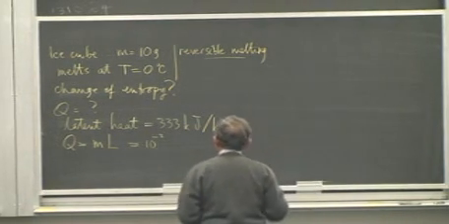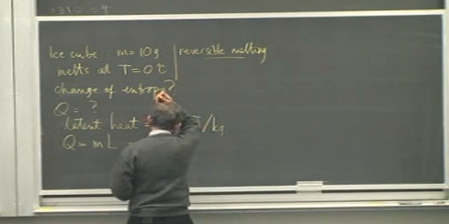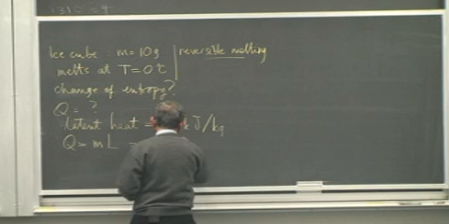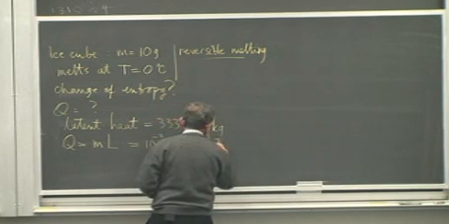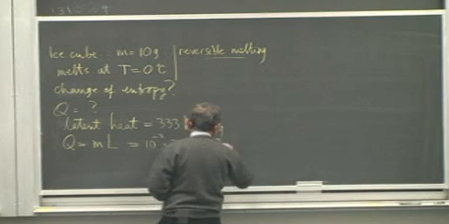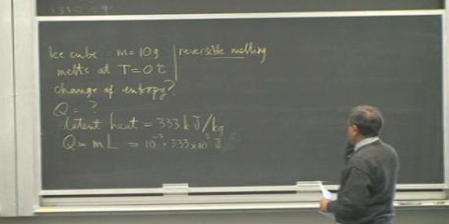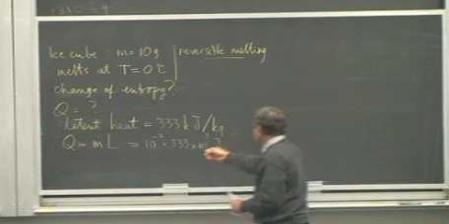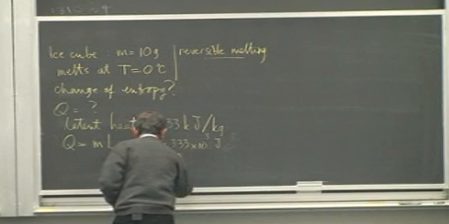Okay, 10 to the power minus 2 kilograms, and then I have multiplied by 333 times 10 to the power 3 joules. And then that's it, because kilogram cancel out. And therefore, this is 3330 joules.